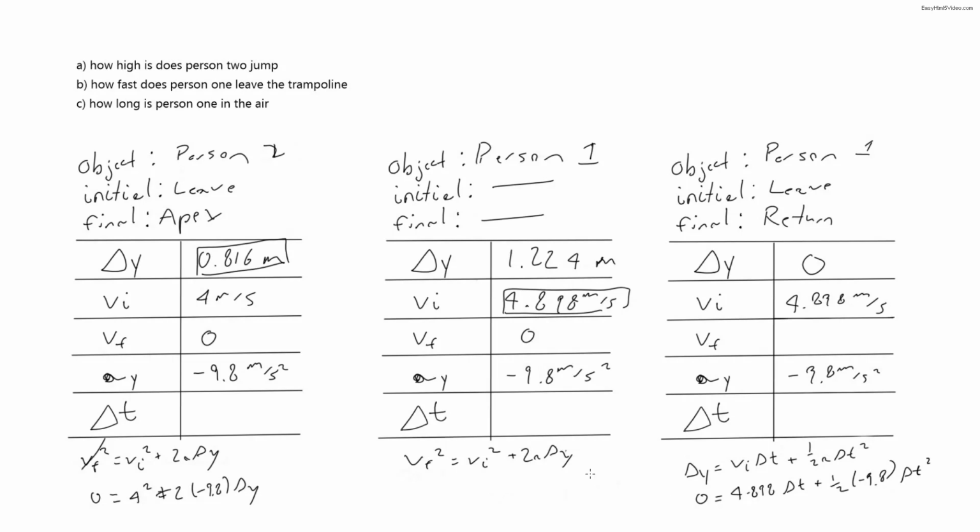The time when you have delta y being 0 is the same thing as not leaving the trampoline. The other solution is when delta t is equal to 0.99 seconds. And that's our solution here. That's how long it takes for them to actually jump. So we've used these charts to help us solve for all the values in this problem.